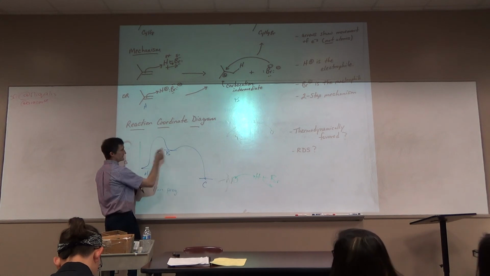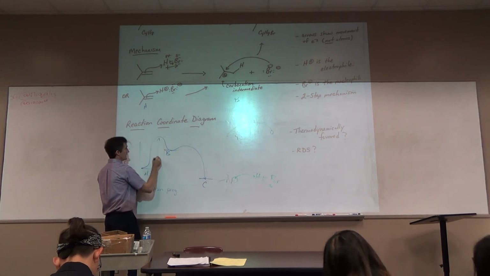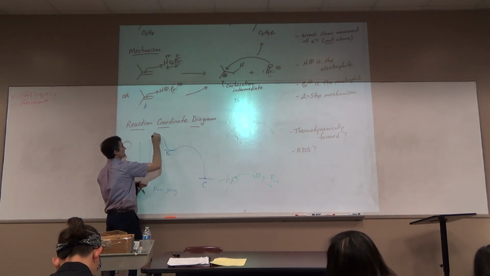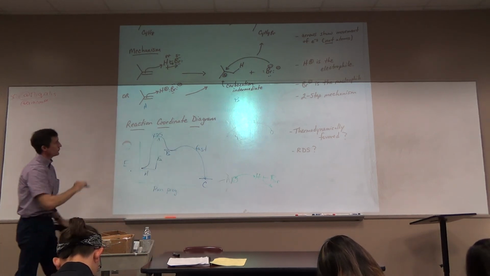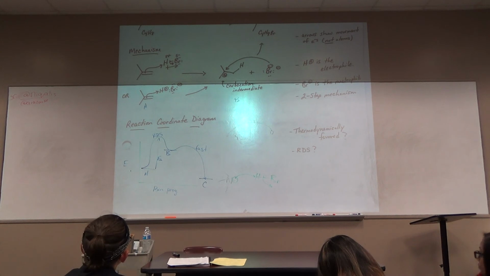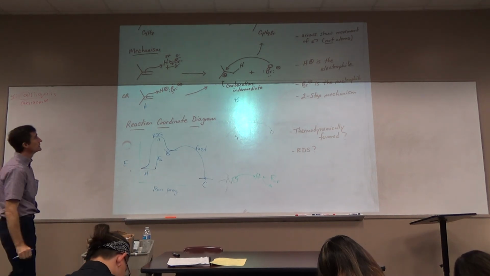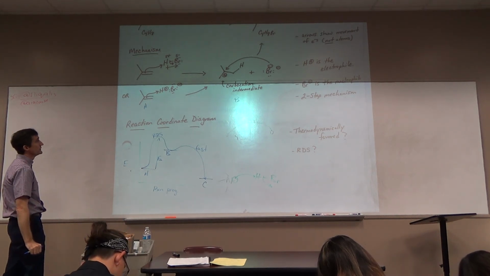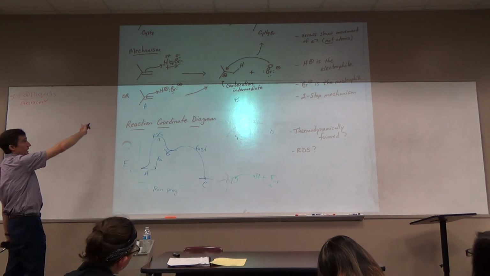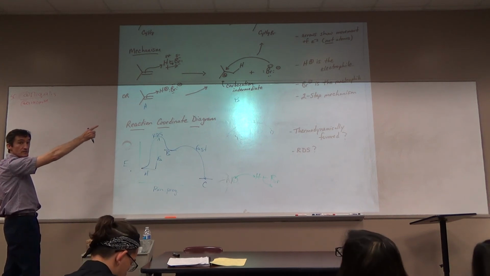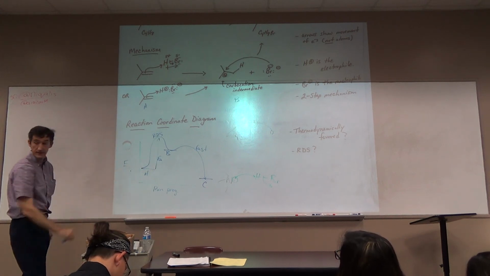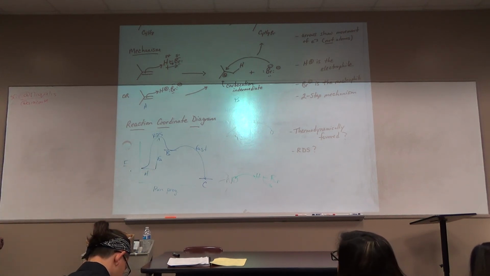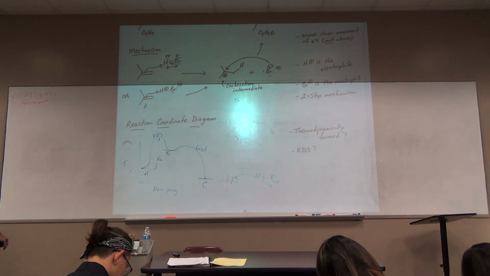Which is the rate determining step? First one. Rate determining step. And this will just be fast. So, what is going on in the rate determining step? Attack of the acidic H and formation of what? Carbocation intermediate. Yes, formation of the carbocation is the rate determining step.